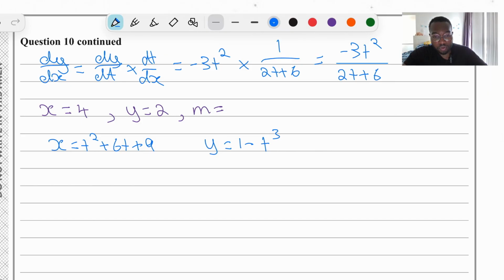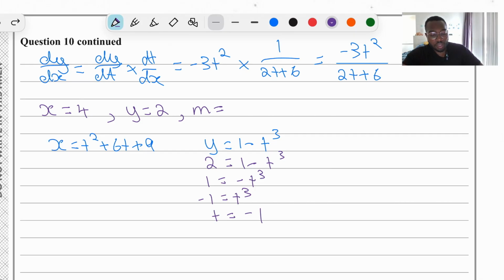It's very simple. If (4, 2) lies on C, we can plug in 2 here, and that must equal 1 minus t cubed. If we do that, we get 1 is equal to minus t cubed. Therefore, minus 1 is equal to t cubed. Therefore, t is equal to minus 1. So we've worked out our t value.